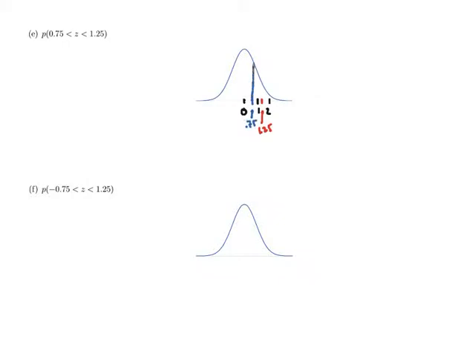So we're finding the area in between these two values right there. And to do those kind of in-between areas, what we do is the probability that z is less than the bigger one minus the probability that z is less than the smaller one.